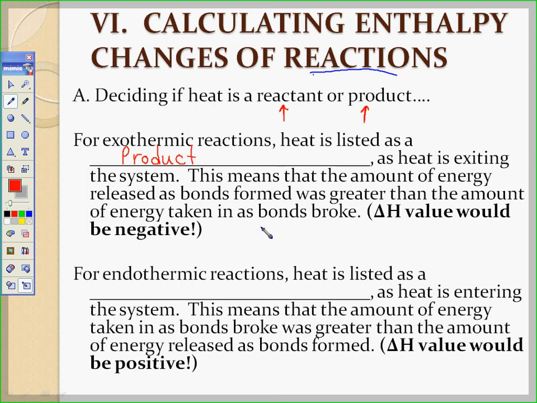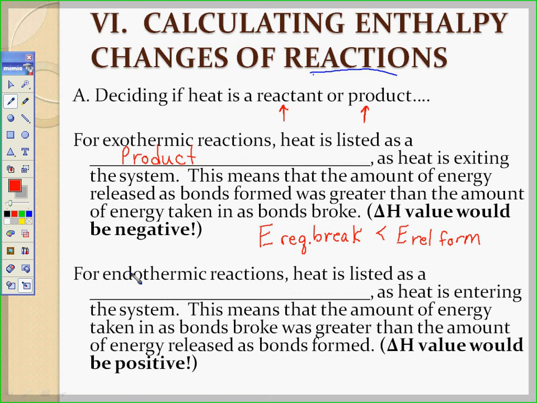What this means physically is the energy required to break bonds is less than the energy that's released when they form. So we're going to have some excess energy remaining.